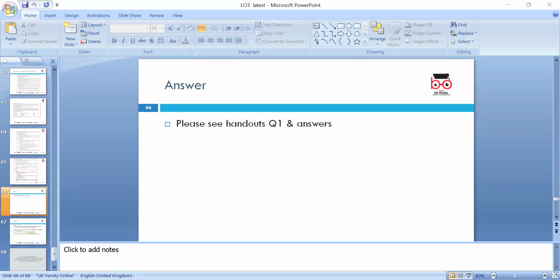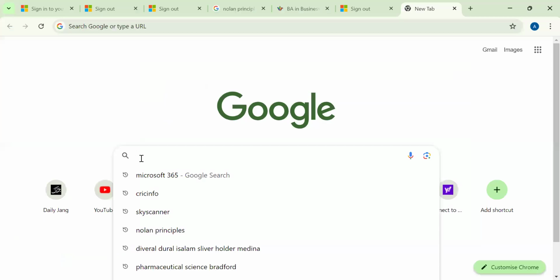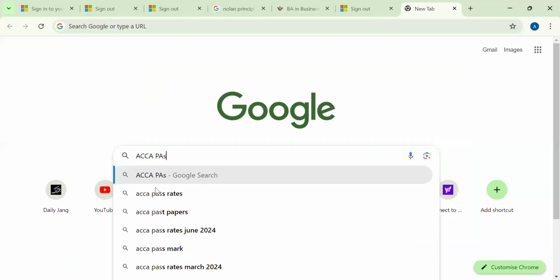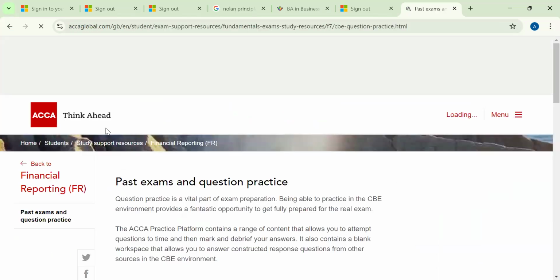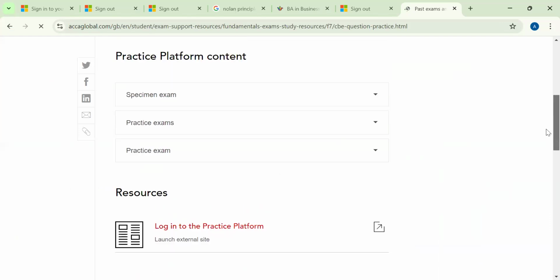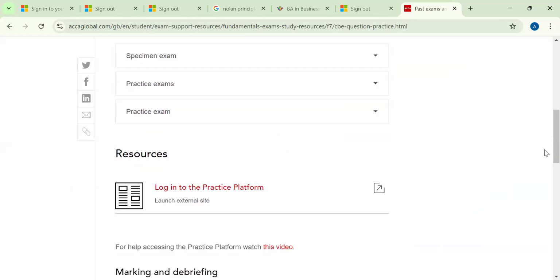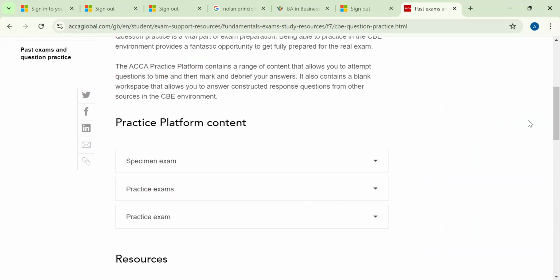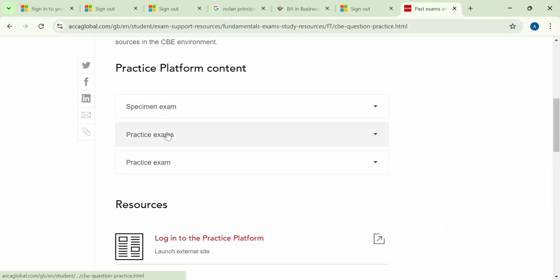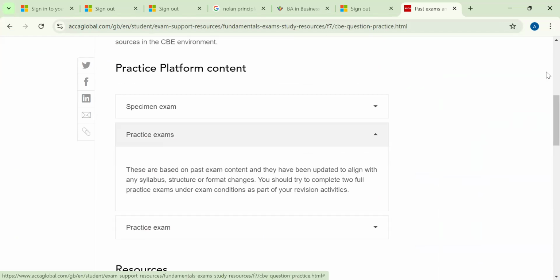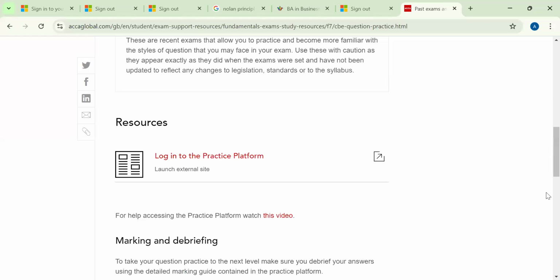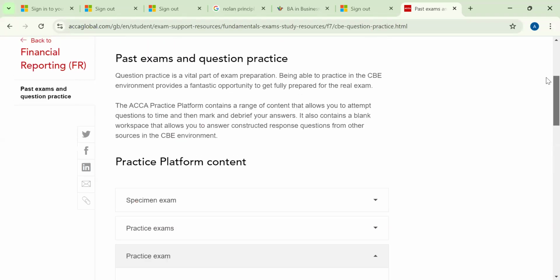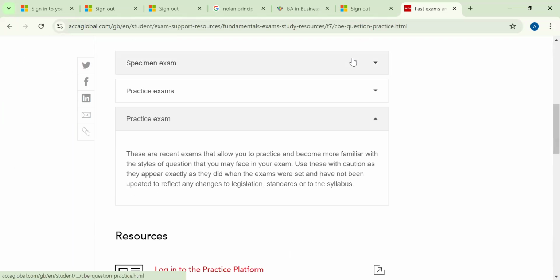If I type ACCA past paper here, you can find ACCA past papers with the questions and answers. Please pick whichever paper you want.